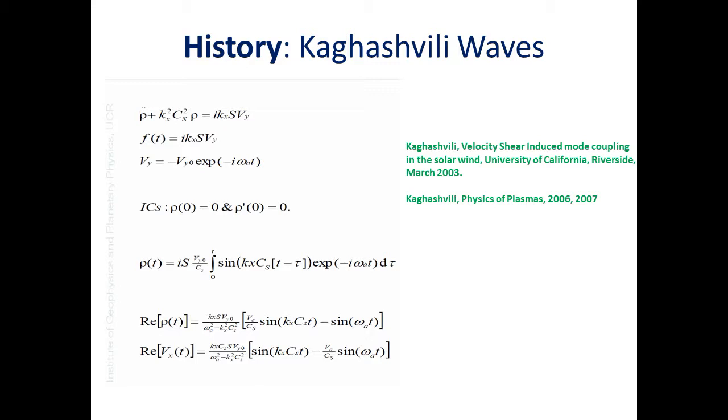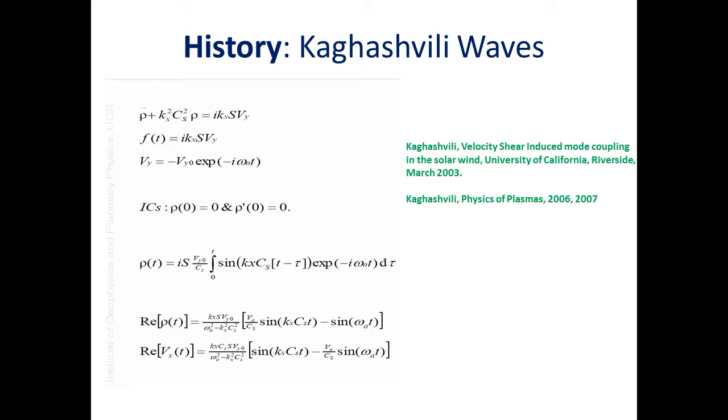So what this physics was telling me is that because of the interaction of the initial Alfvén wave with the inhomogeneity, there were waves excited in the system that were very different from existing knowledge. I wrote these solutions in 2003, actually earlier, but in March 2003 I had a presentation at the University of California where I was a postdoctoral fellow. These solutions appeared in Physics of Plasmas in 2006 and 2007.